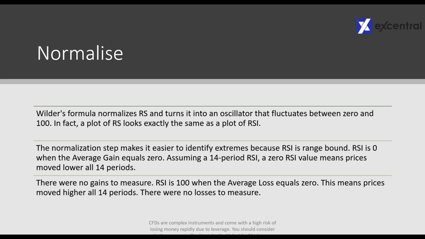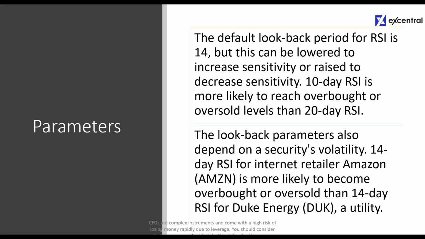Assuming the 14 period, the 0 RSI value means price moved lower for all of those 14 periods. There were no gains to measure. RSI is 100 when the average loss equals 0. This means price moved higher all 14 periods. So no matter what happens, the number will come out between 0 and 100.